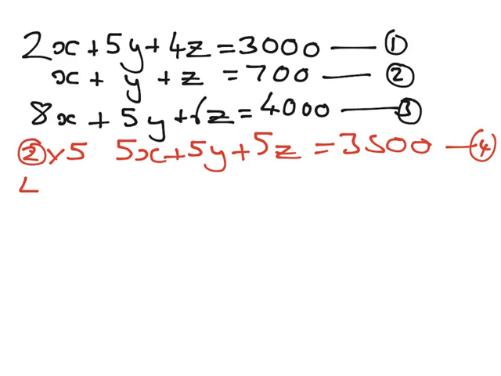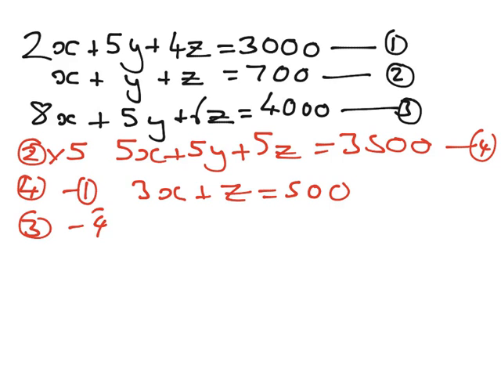So I'm now going to do equation 4 minus equation 1, and that's going to give me 3x plus z equals 500. I'm now going to do equation 3 minus equation 4, and I'm going to get 3x plus z equals 500.